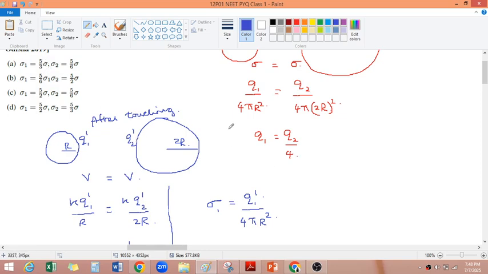How can I convert it to sigma? This is your sigma, so Q1 dash should be replaced with the Q1 charge. How can I do that?